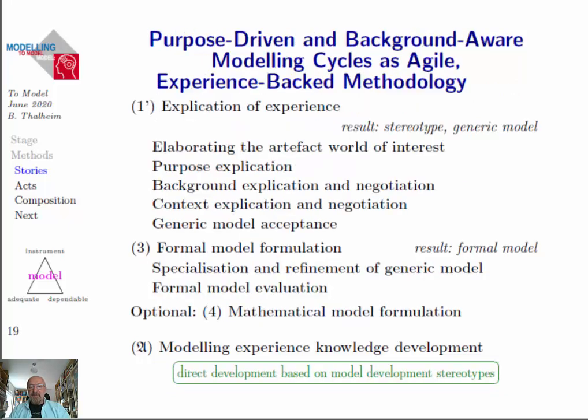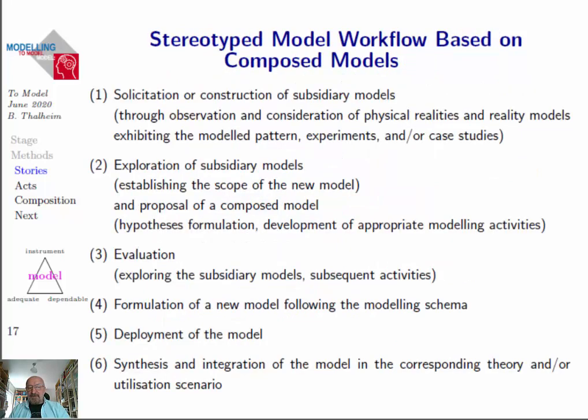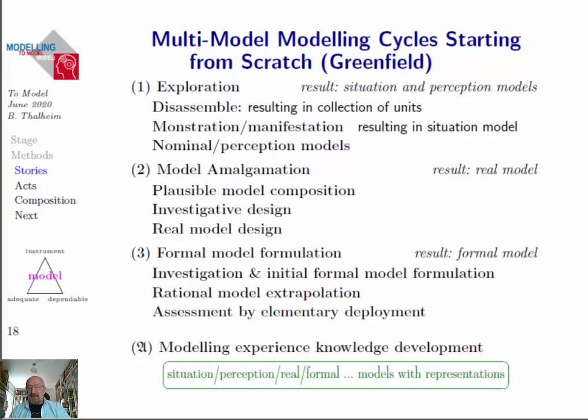This is now the part about the story. What about if we go now in an agile, experience-backed methodology way? So in this case, our second step and our first step can be somehow integrated. Then we reuse what we have gained so far.